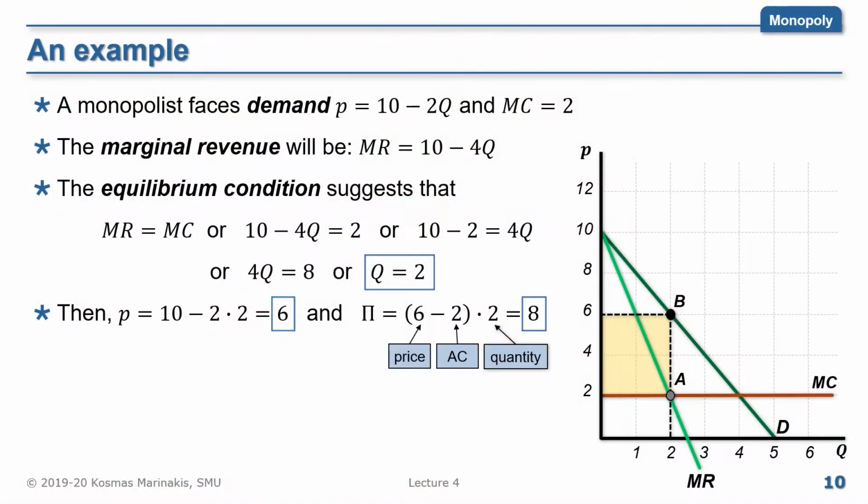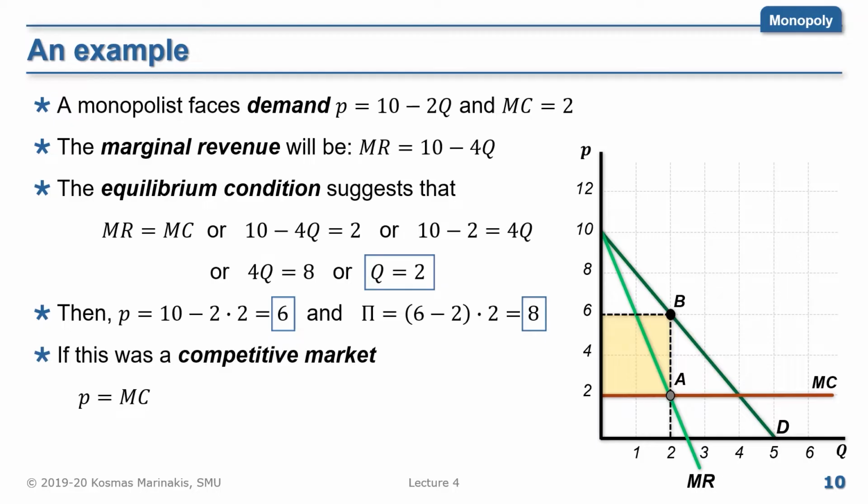Now, if this was a perfectly competitive market, with the same information I can see what would happen if this was not the only firm, but there were many, many other firms in this market. If this was a competitive market, my equilibrium condition is that P equals MC. My price is given always by the demand curve. That's 10 minus 2Q, my demand curve. And this would be equal to MC.